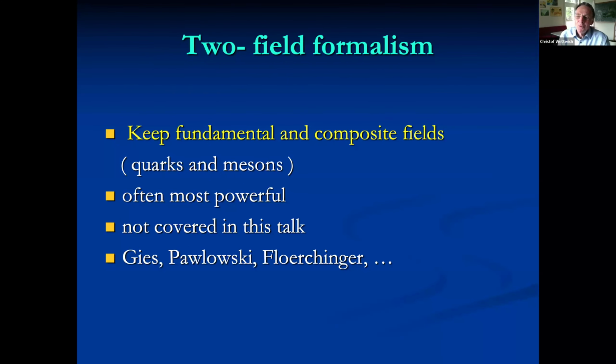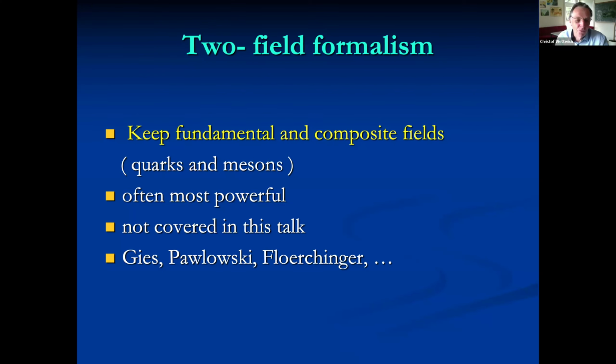Actually, the most powerful version of this field transformation is something that I will not cover today. The most powerful version, in my view, is that if you keep fundamental and composite fields, so quarks and mesons, if you want. I do not cover it in this talk because that's not used very often in gravity, and gravity usually uses field transformations only without really going directly to composite fields.